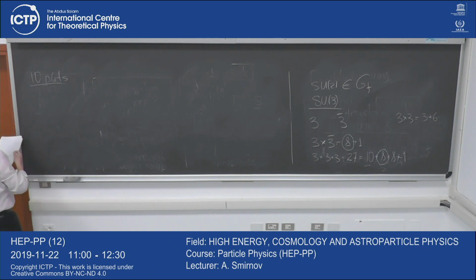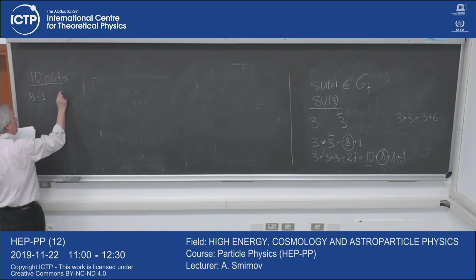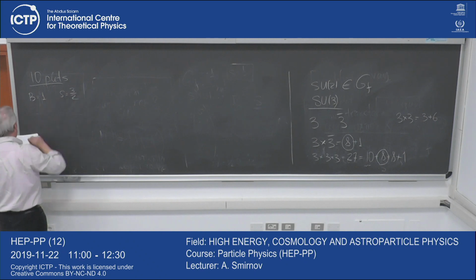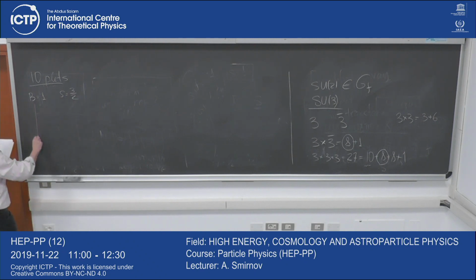So one of the examples is the baryon family with baryons of spin 3/2. So let me again draw the diagram.